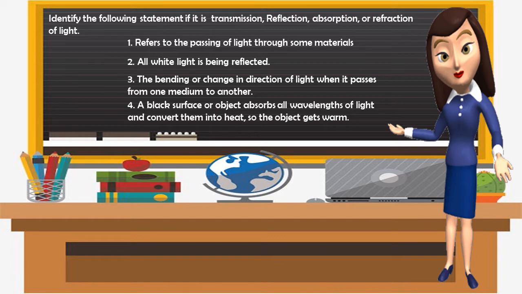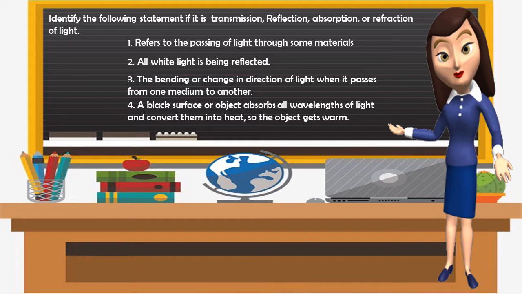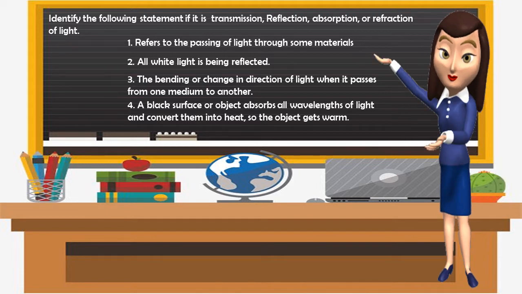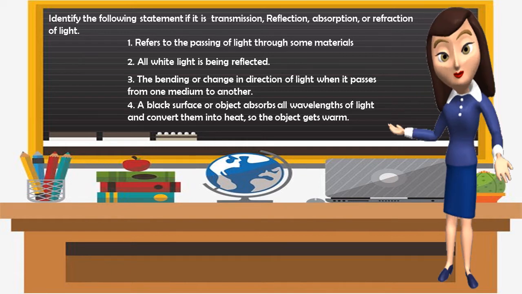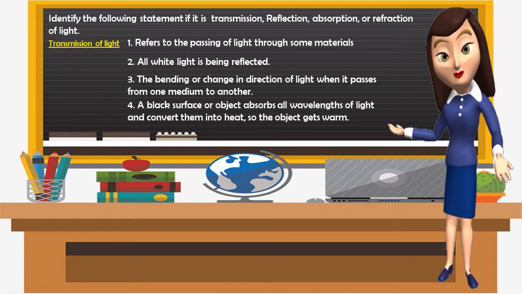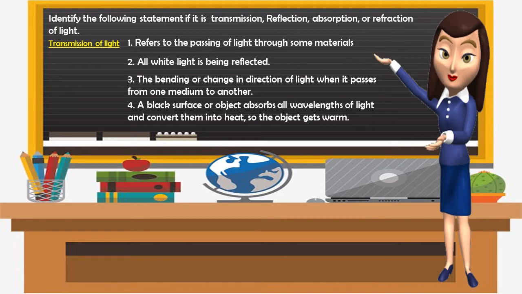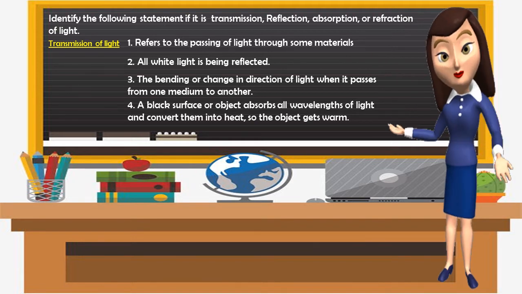Now, second activity. Identify the following statement if it is transmission, reflection, absorption, or refraction of light. Number 1. It refers to the passing of light through some materials. Very good. It is transmission of light. Second, all white light is being reflected. Very good.